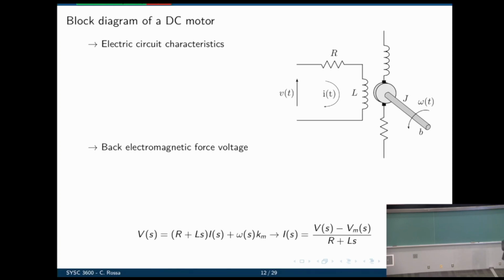And as it rotates, it now creates an alternating magnetic field inside, which from the circuit's perspective, appears to be a voltage applied to it externally. That's an induced electromagnetic force, an induced voltage. We're going to call it Vm, that is applied externally to this circuit as a result of the rotation of the rotor that is magnetized by the current in the circuit.